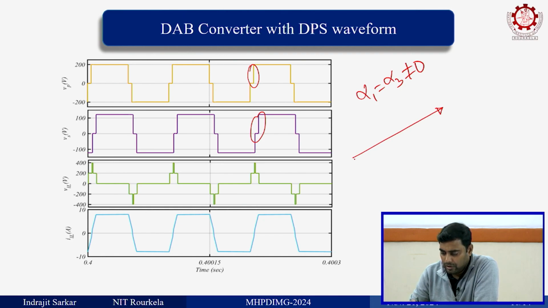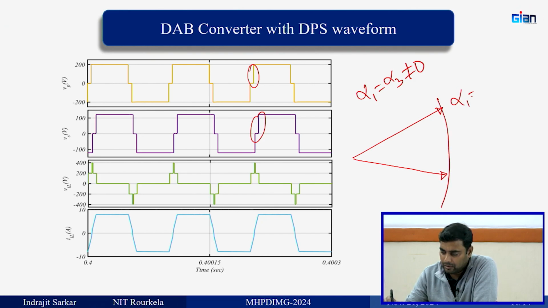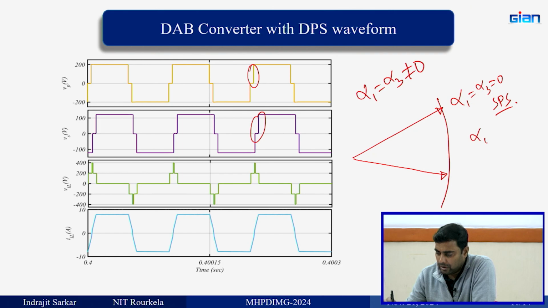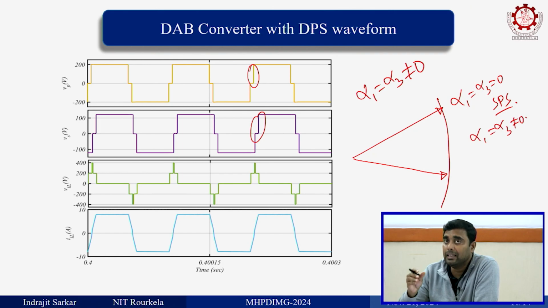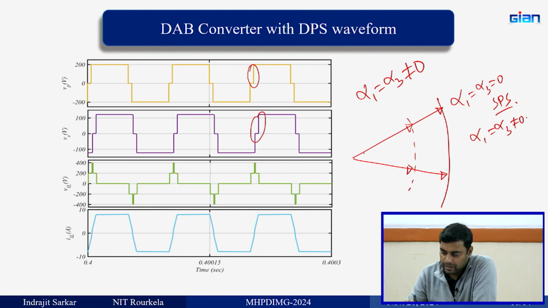You can see here, when alpha 1 equals alpha 3 equals 0, it is SPS. In DPS we introduce some delay. If you introduce some delay, then it will be a quasi square wave. So the phasors are going to be shorter, and this is the same for both of them.